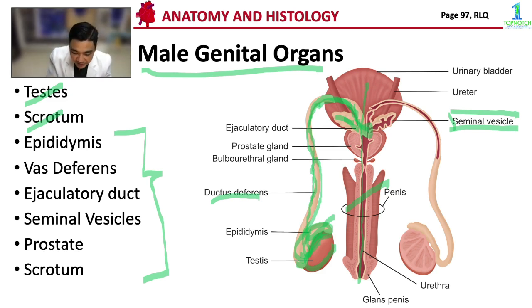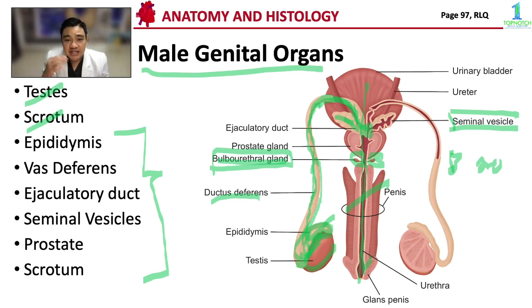Okay? And here, I'd also like you to notice the bulbourethral gland. The position of the bulbourethral gland is here, right before the prostate and right before the urethra or the penile part of the urethra. It is said that the bulbourethral gland produces a basic fluid, or kumbaga mataas ang pH niya.